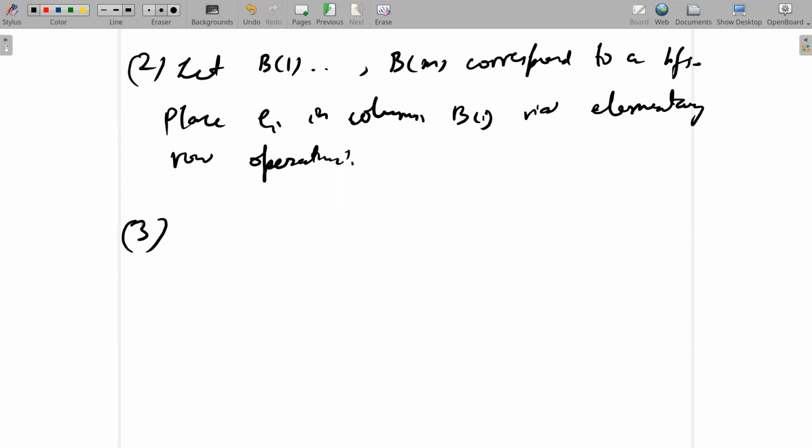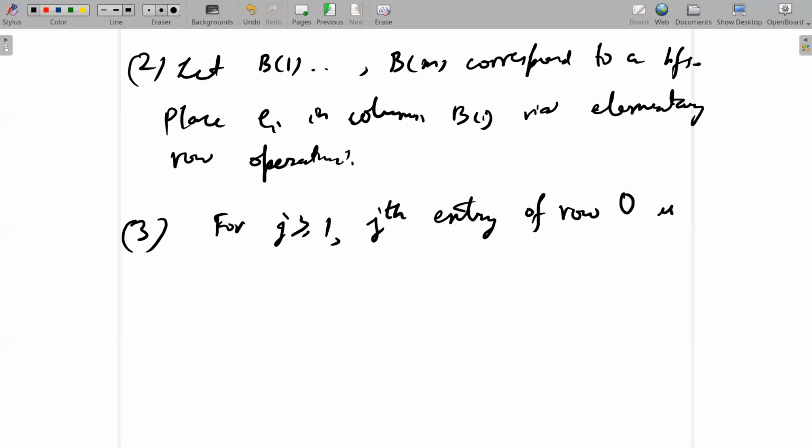So number 3, now we will make some operations to the cost row, because I have written it as a row vector here. So for j bigger than or equal to 1, the jth entry of row 0 is Cj minus the summation i equals 1 to m of CBi xij. So essentially it's the modification of the modified cost, which we wrote as Cj bar.